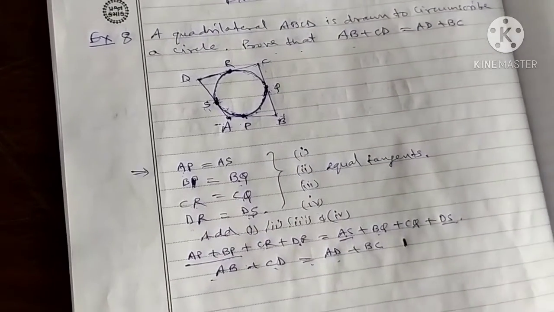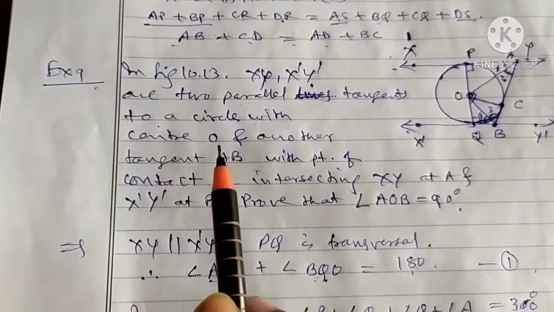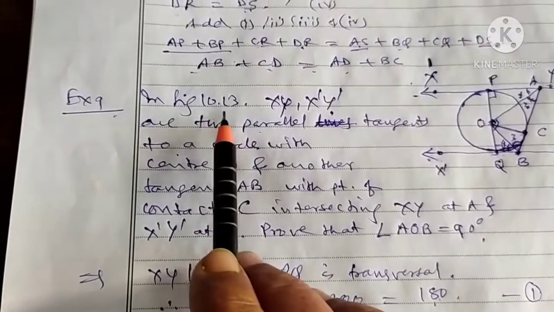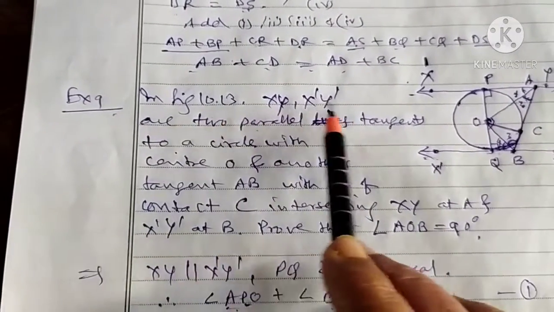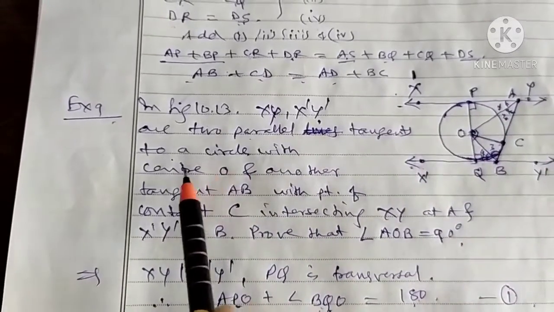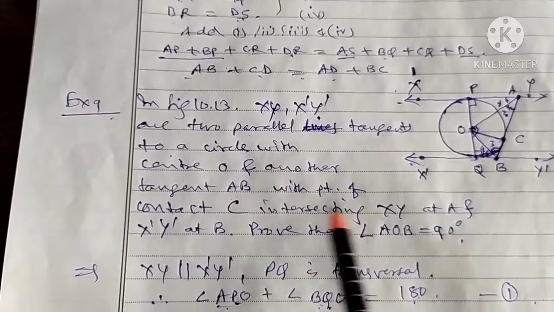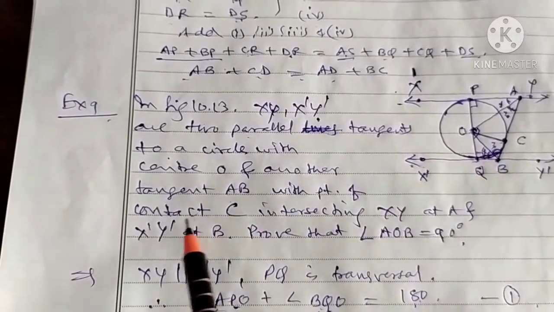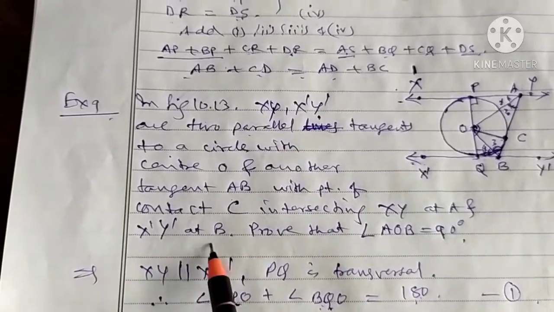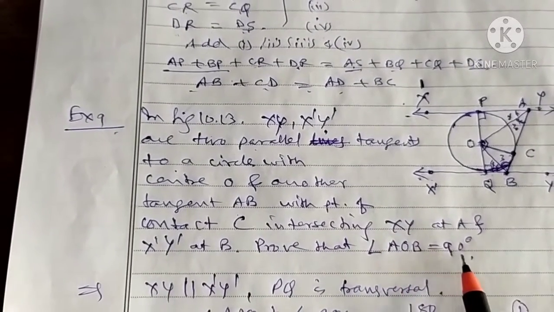Remember this. Now let us take example 9. Please see, read once again. In figure 10.13, X'Y' and XY are parallel tangents, and another tangent AB with point of contact C intersects XY at A and X'Y' at B. Prove that angle AOB equals 90 degrees.